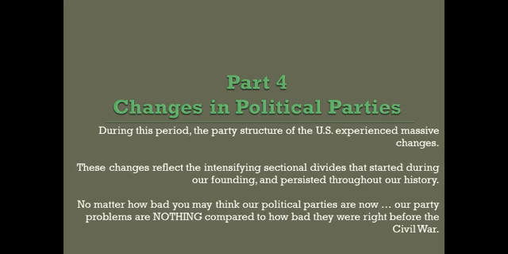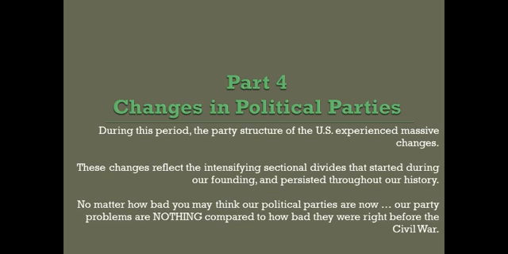So, some important things to keep in mind. During this period, the party structure of the U.S. experienced massive changes. These changes reflect the intensifying sectional divides that started during our founding, and they persisted throughout our history. So these tensions, these debates, these fights started during our founding period, and they calmed down a little bit, but they weren't resolved.